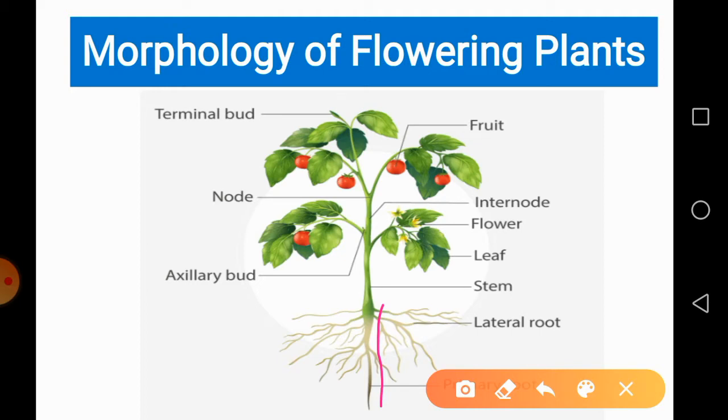From this main or primary root, several roots develop, and those are called lateral roots. You can observe such a system mostly in dicotyledonous plants, where one main root goes deep into the soil, while the remaining lateral roots occupy horizontal space.